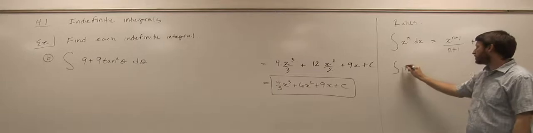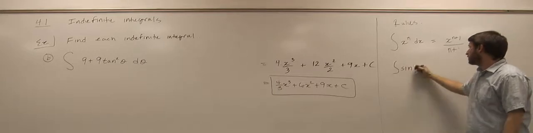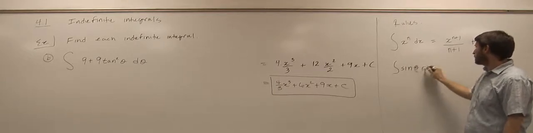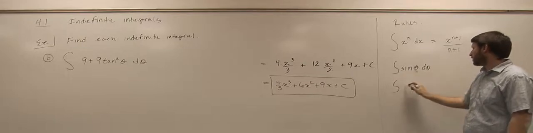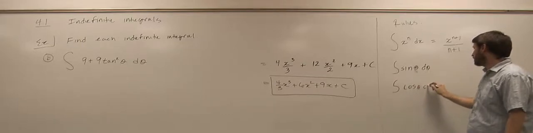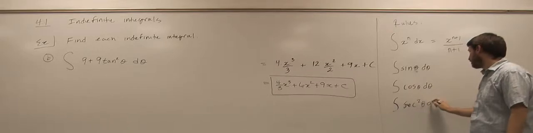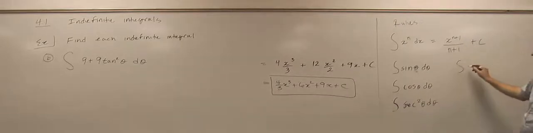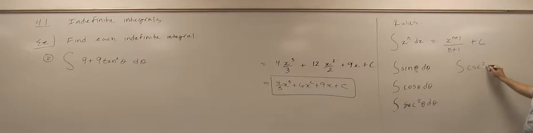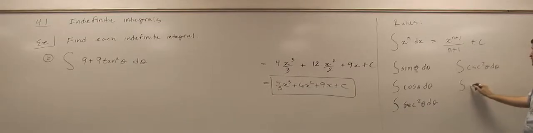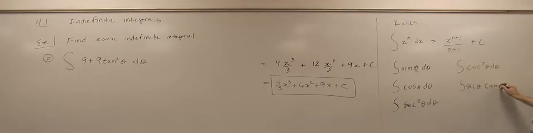You know the integral of sine d theta, you know the integral of cosine, you know the integral of secant squared, you know the integral of cosecant squared, then you know secant tangent, and you know cosecant cotangent.